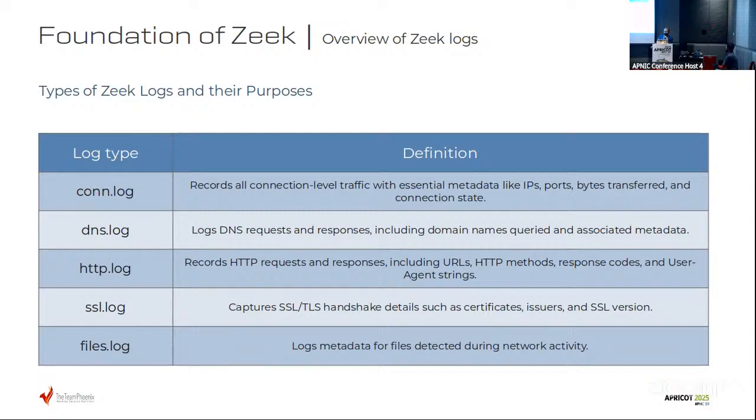Files.log has the metadata of all the files that have been transferred or downloaded. So in lateral movement, we can see a password file, or in exfiltration, we can see any accounting file that has been transported or exported or downloaded. We'll be able to see the information in files.log.